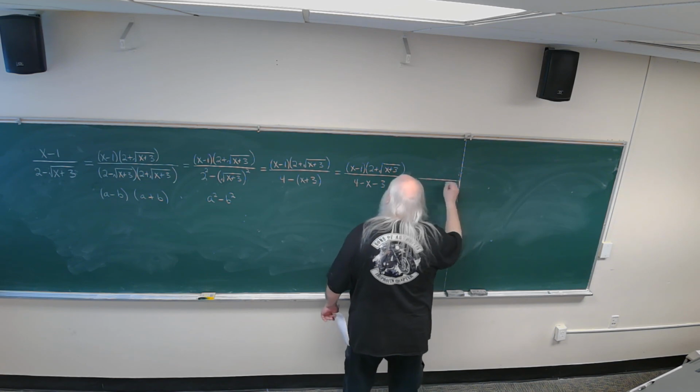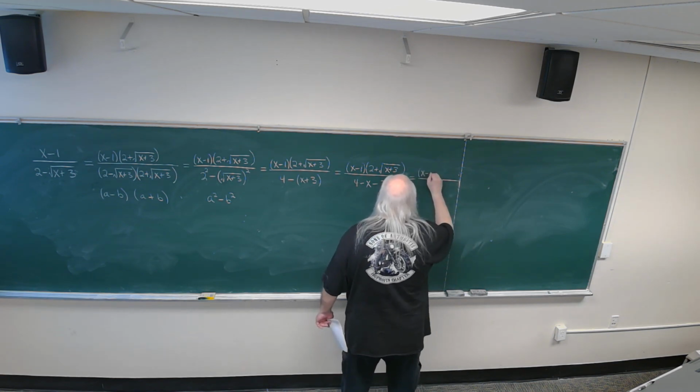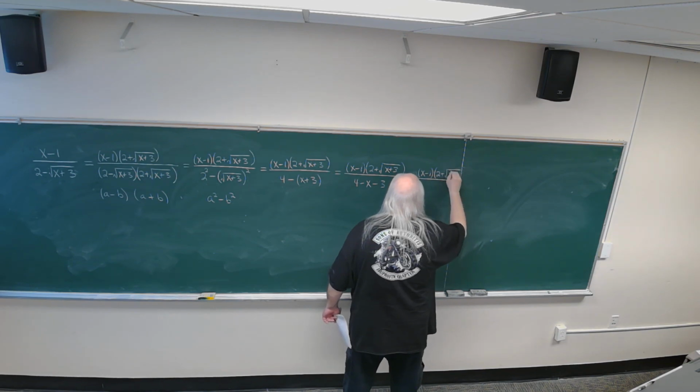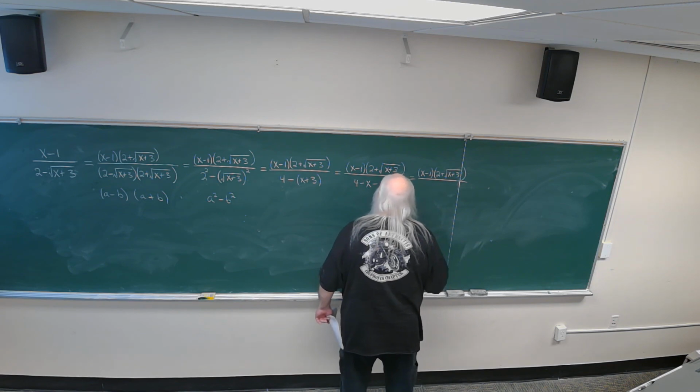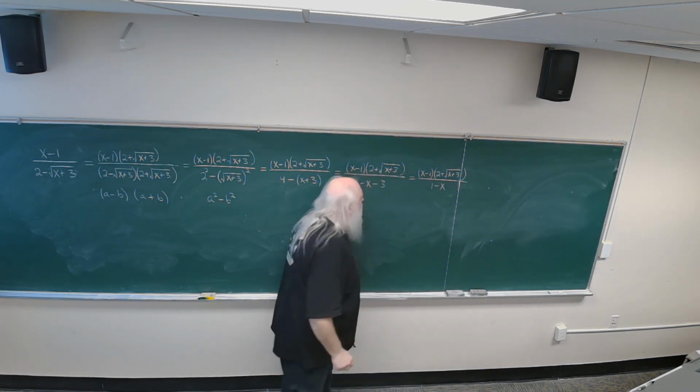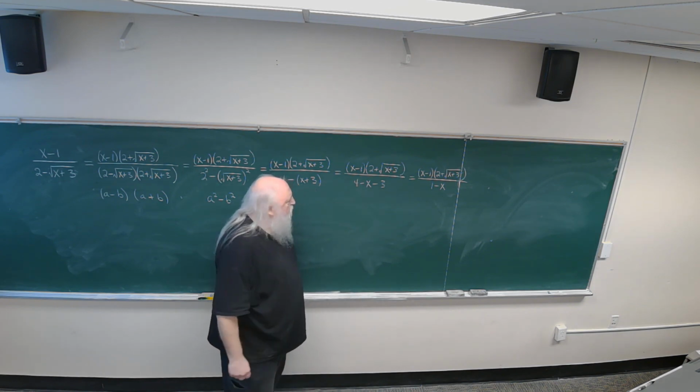So the numerator is x minus 1 times 2 plus the square root of x plus 3. And 4 minus 3 is 1, so the denominator simplifies to 1 minus x.